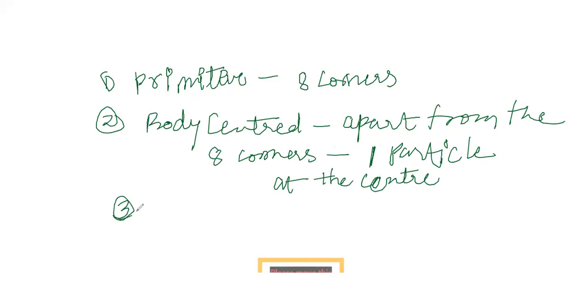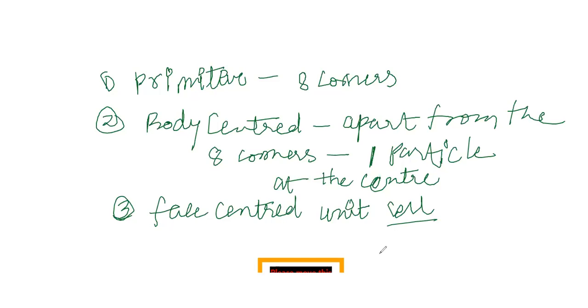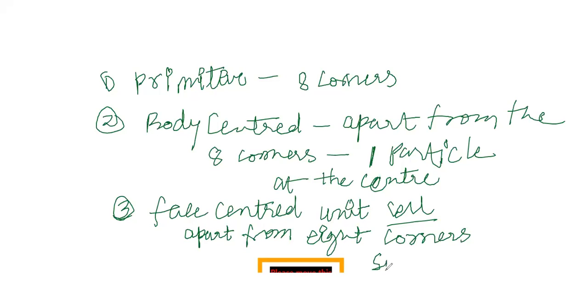Then the third one is known as the face centered unit cell. In the face centered unit cell, apart from 8 corners, we have particles on 6 faces.